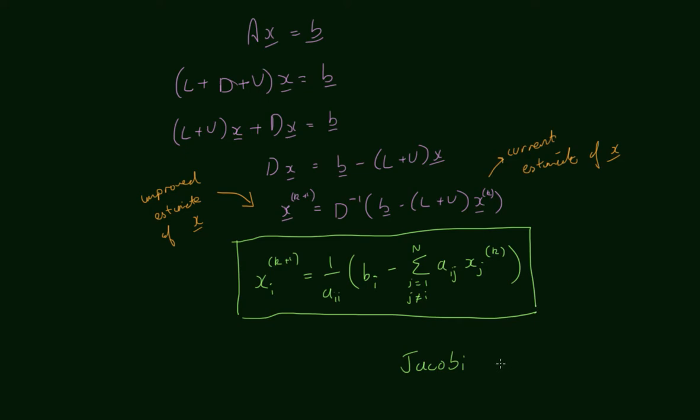Let's have a look at an example. I'm going to pick a 3x3 example so we're not doing too much work. This example isn't in your notes at all, so it is worth noting down if you're following along with this video.